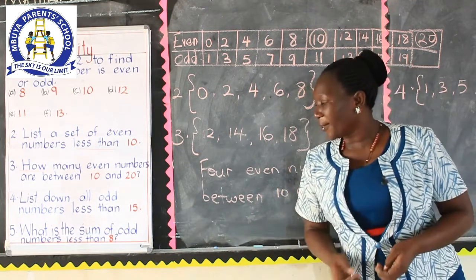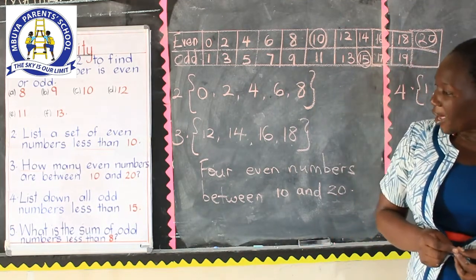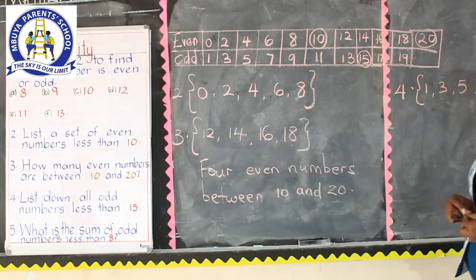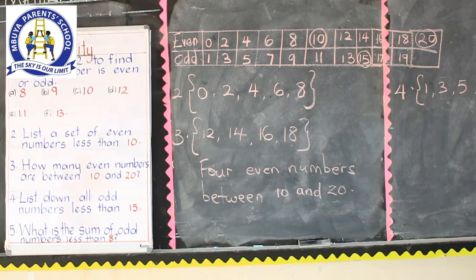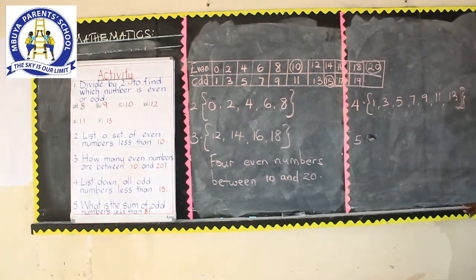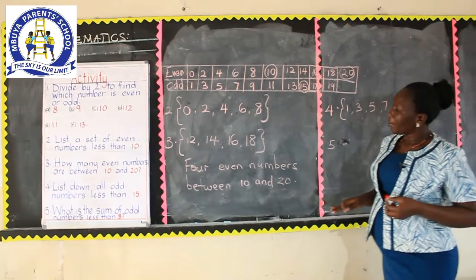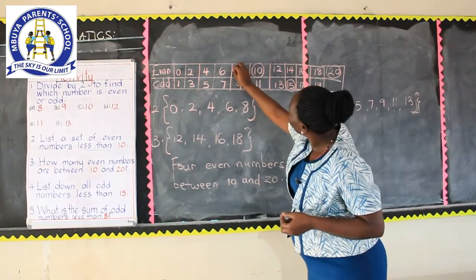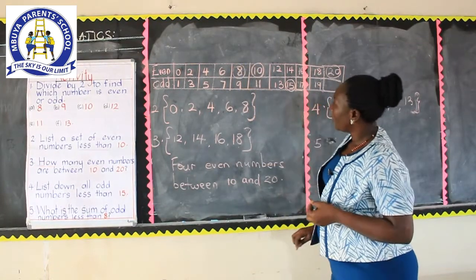Lastly, number 5 says, what is the sum of odd numbers less than 8? Go back to your table. What are those numbers? Those odd numbers less than 8. Look for 8. 8 is there.